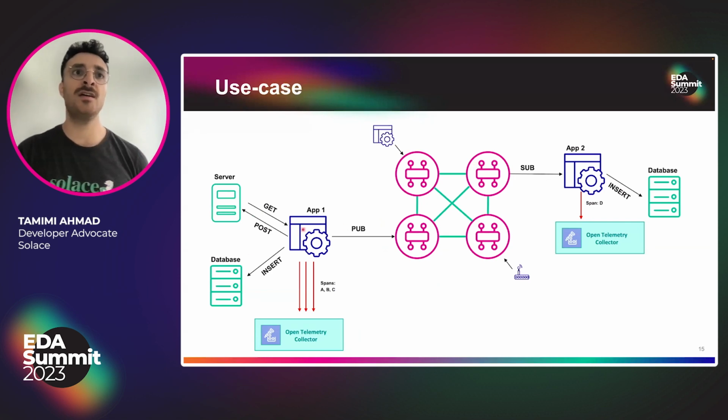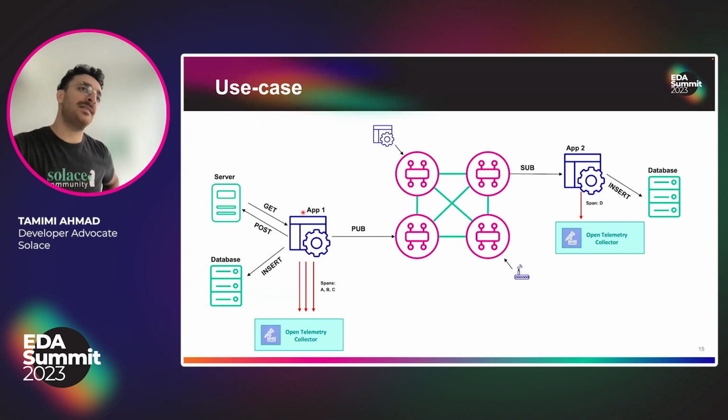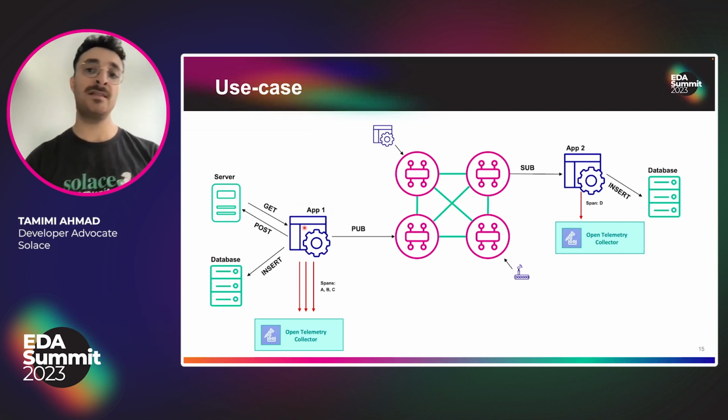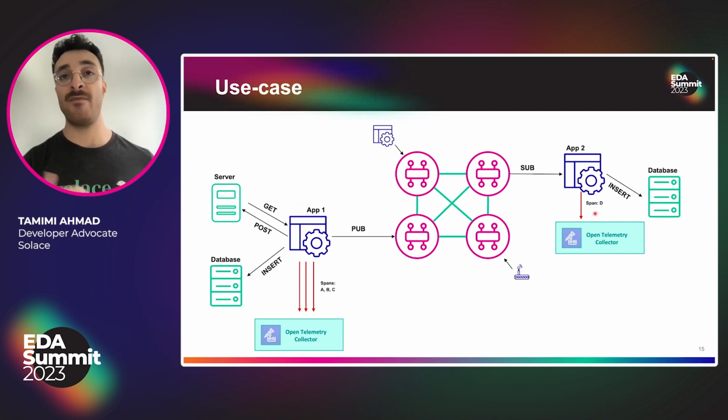All right, so if we want to get back to our previous example use case that I showed over here. Earlier, I said in an example, we had an application that does particular activities and generates spans. We have another application that subscribes to a message that was originally published by application 1, and also generates spans. And what we want to do here is have the ability to connect or have a correlation between spans A, B, C and span D, so we can have a big picture of the system.